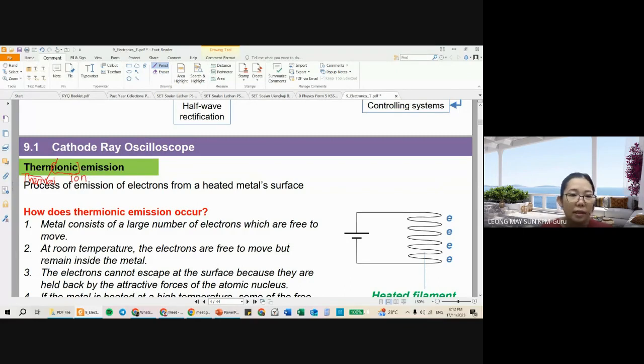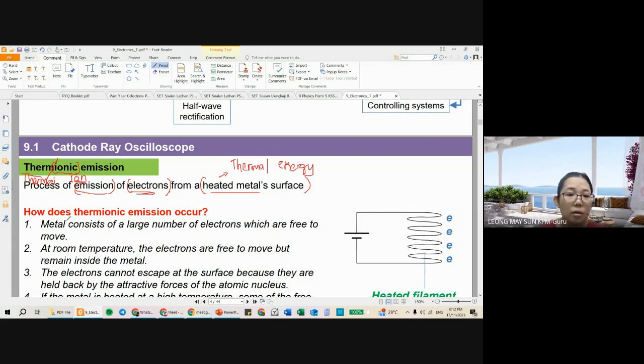So thermionic emission is the emission of ions, or to be more specific, negative electrons, due to a heated metal surface. The heat is the thermal energy, and thermionic emission means the release of electrons from a heated metal surface. So this is where the term thermionic emission comes from.